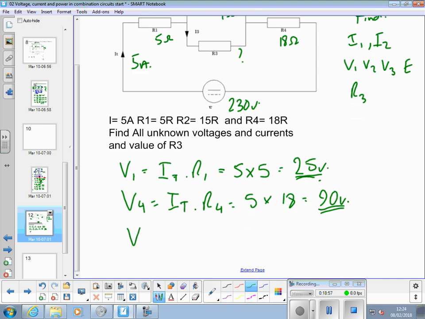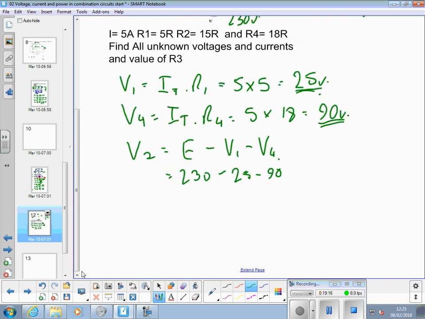V2 is E minus V1 minus V4: 230 minus 25 minus 90 is 115 volts.